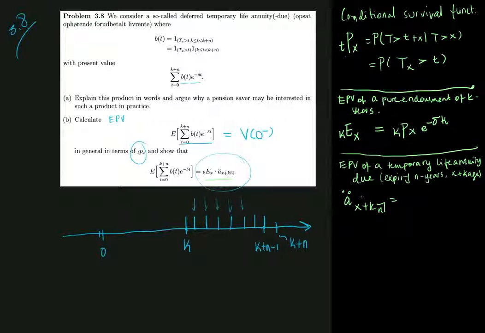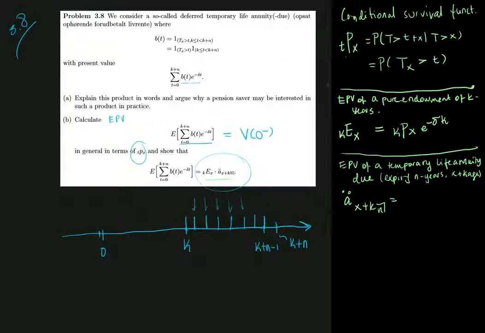So that's what the x plus k stands for. If the x plus k had been here instead of here, then what we were looking at would just be a normal annuity due, which has been deferred, and not a temporary life annuity due.